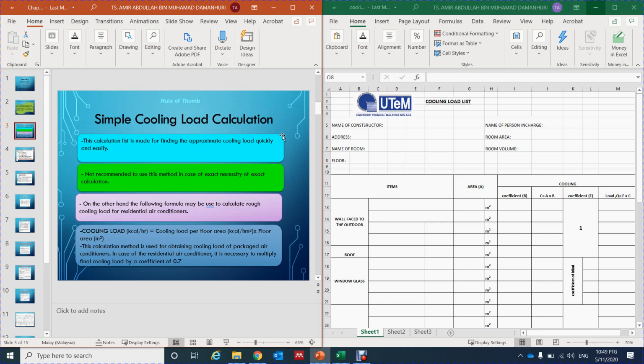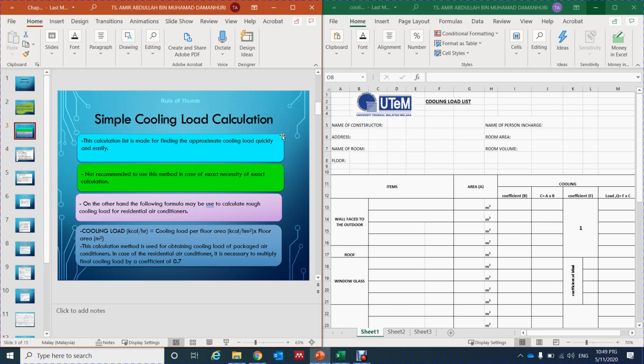So it is not recommended where exact values are necessary, for example if you want to find a chiller cooling load, chiller power, or how many tons of refrigerant the chiller needs. You have to do a very exact calculation of cooling load for that purpose.